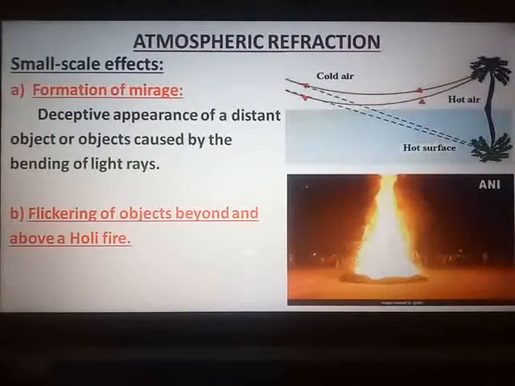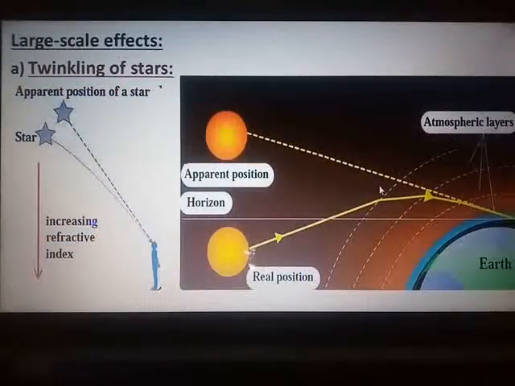The large scale effects: the first one was about the twinkling of stars. I had given you the entire explanation of how stars are self-luminous. They shine with their own light, and the starlight which comes towards us has to travel from a rarer medium to a denser medium, and constantly the starlight bends towards the normal, and this makes the star appear to be higher.